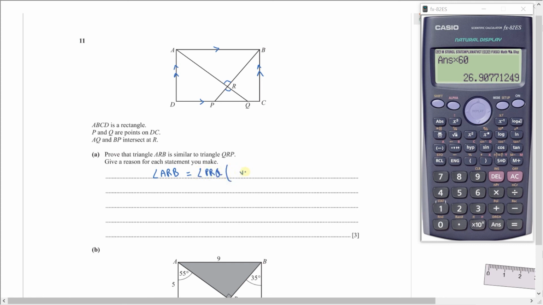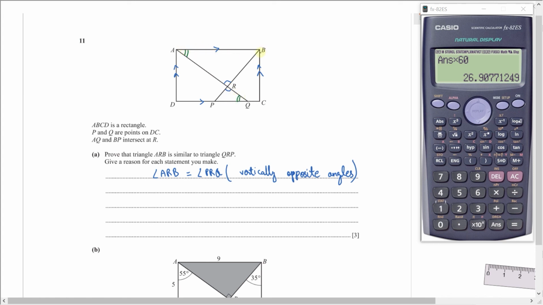Because they are vertically opposite angles. Next, if we look at angle RAB, this angle here will be equal to angle RQP. Why?